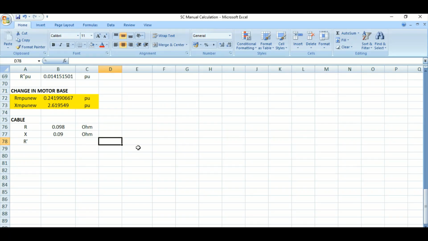So the corrected resistance will be the old value of resistance into 234.5 plus TC, where TC means the conductor temperature, which is 20 degrees centigrade, divided by 234.5 plus TB. This is copper, so 234.5.